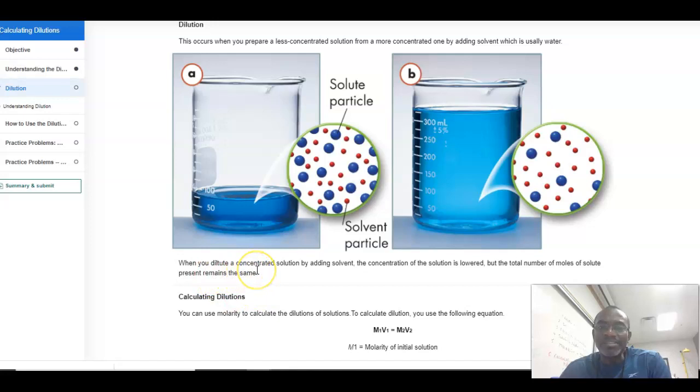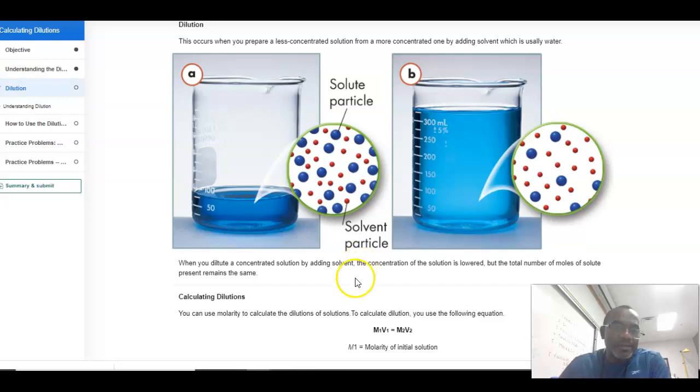Now, when you dilute a concentrated solution, which is shown in beaker A, by adding solvent, the concentration of the solution is lowered. What it means is that you have more solvent compared to the number of solute, but the total number of moles of solute present remains the same. It doesn't change. The only thing that changes is the amount of solvent. Remember, solute is what dissolves in the solvent to give you a solution. Solvent, in most cases, during dilution, is going to be water.